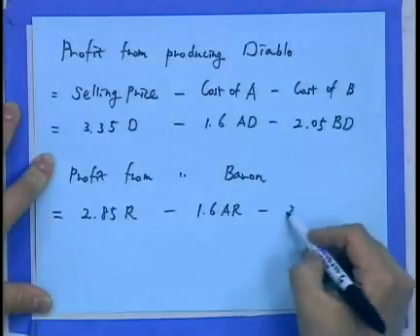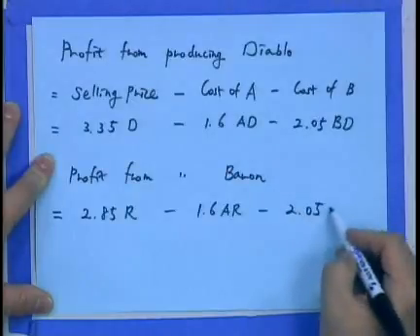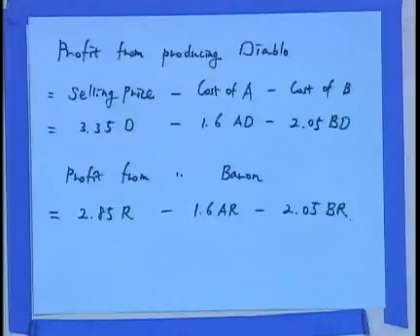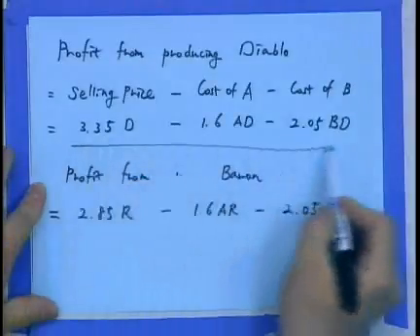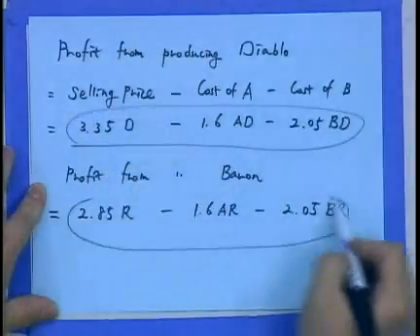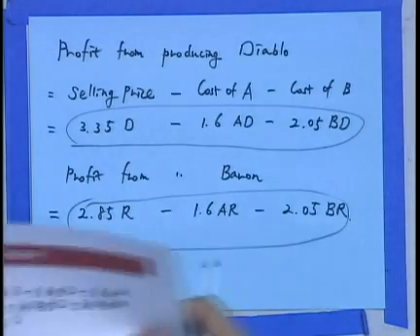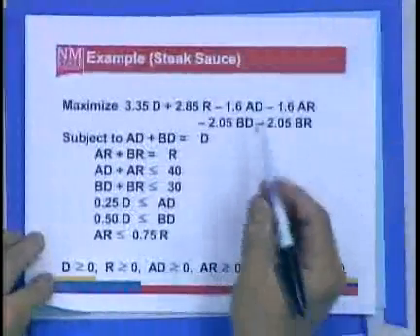The cost of B is 2.05 times BR, right? And if you combine all of this, we have the objective function like this, right?